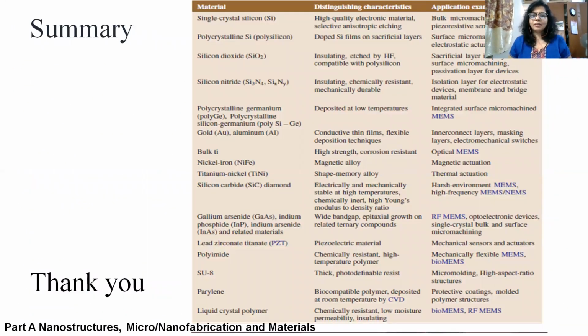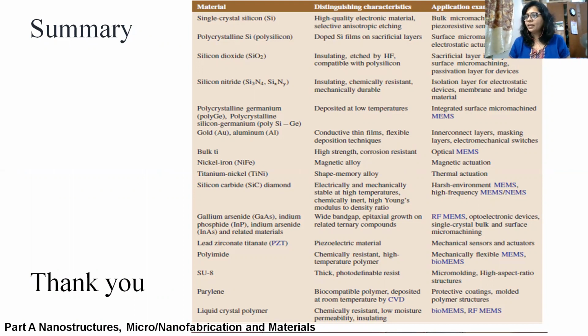So with this, I will be summarizing my talk. I have been talking about various materials, starting with single crystalline silicon, a high quality electronic material with selective anisotropic etching that is used in bulk micromachining and piezoresistive sensing.